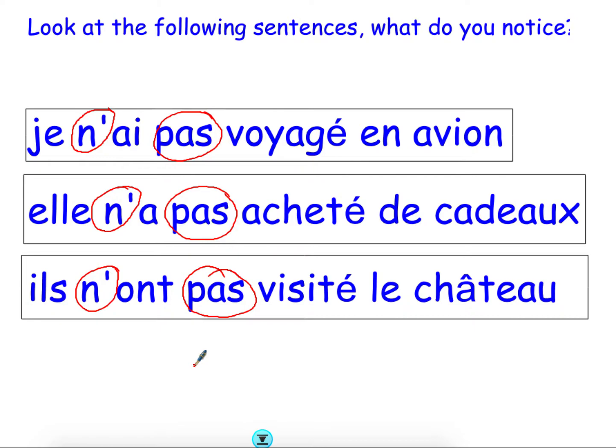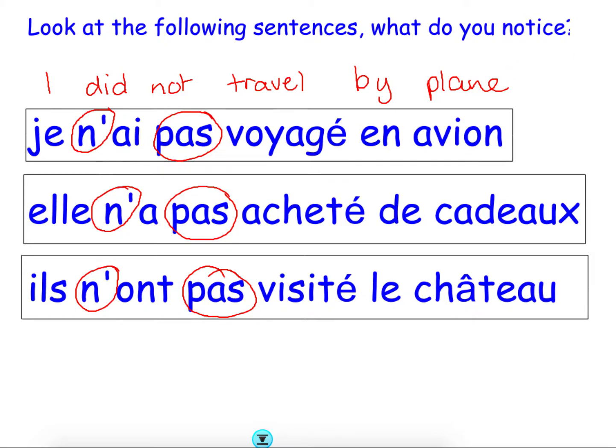So, for example, je n'ai pas voyagé en avion. I did not travel by plane.